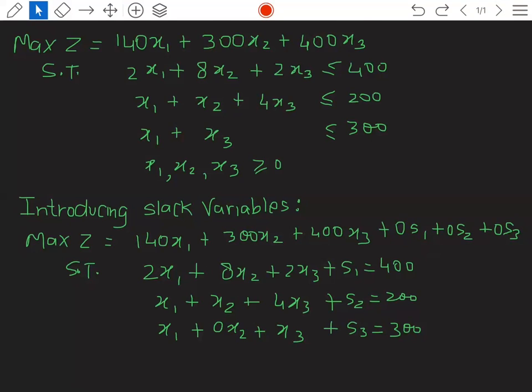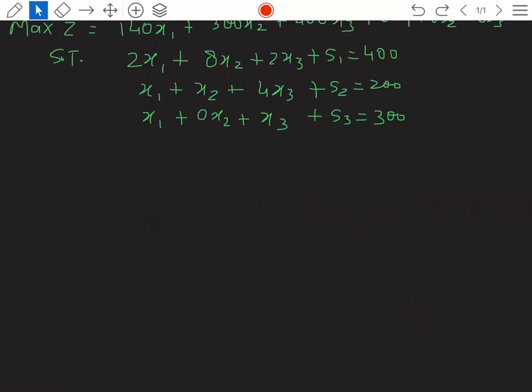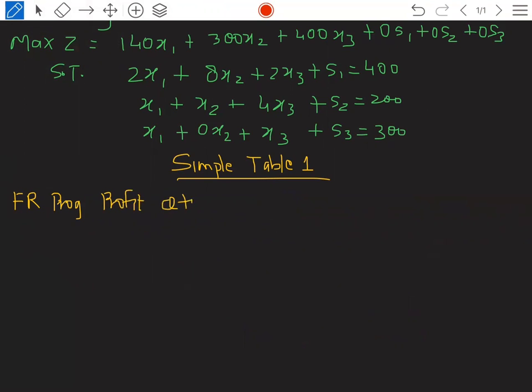Now let's go ahead with the first simplex table that we are going to form out of this LPP. Let me name it simplex table 1. In this simplex table, the columns are going to be the same: program, profit, quantity.